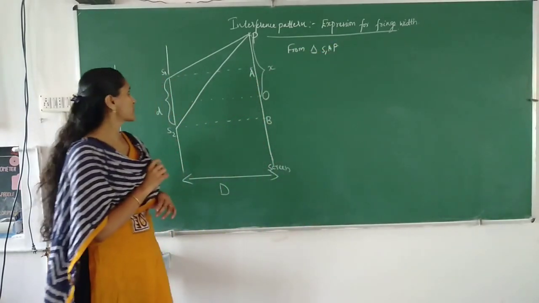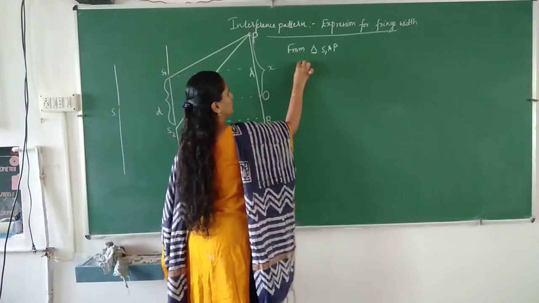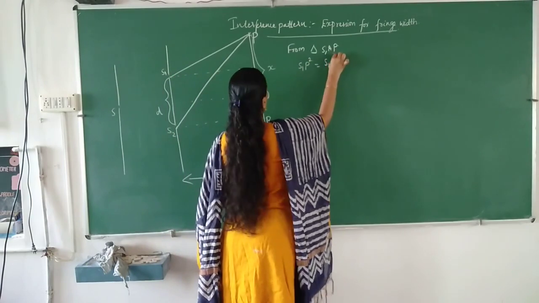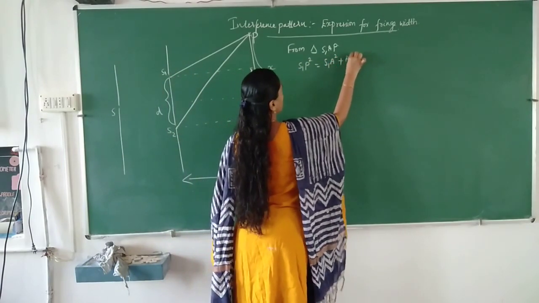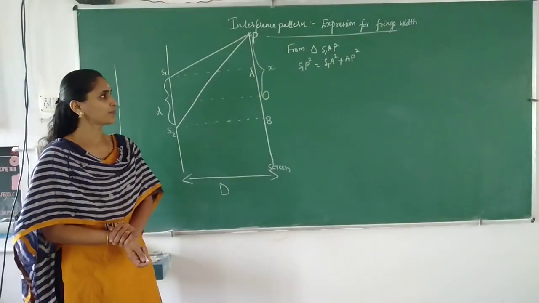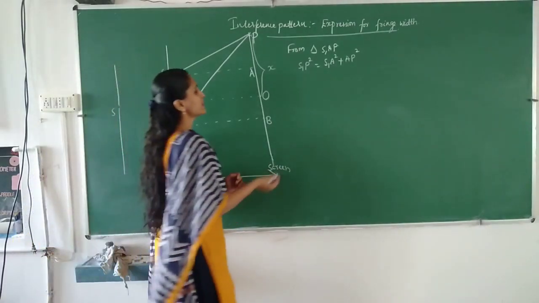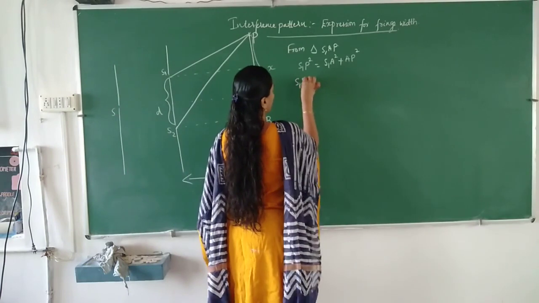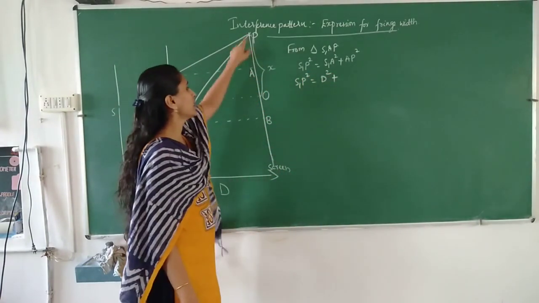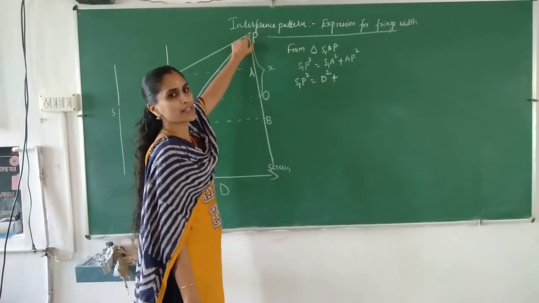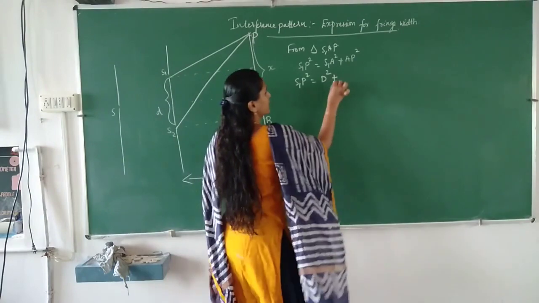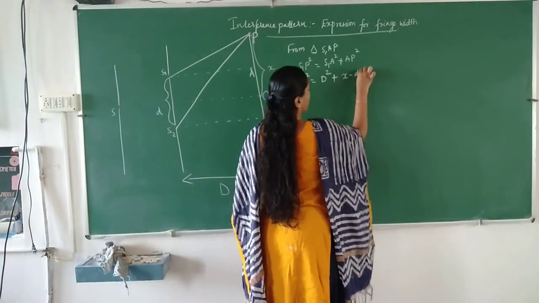We can write S1P square equals S1A square plus AP square. S1A is capital D, so D square. AP: from O to P is x and OA is d by 2, so we write x minus d by 2 the whole square.